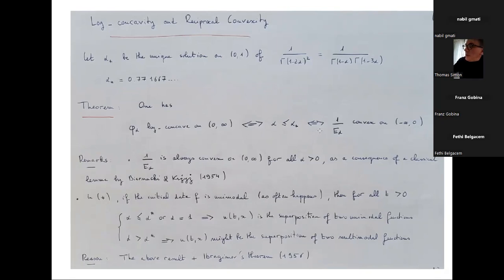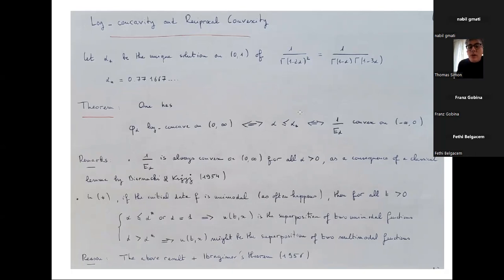So if you consider the property on the positive half line for the reciprocal convexity of the Mittag-Leffler function, then it is always true. It is not absolutely immediate, but it's much easier than the property on the negative half line, because all the parameters and all the variates are positive.